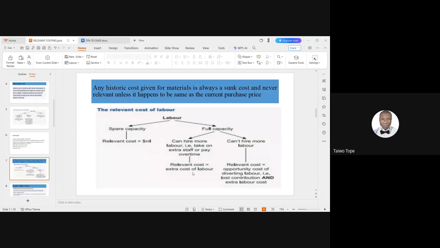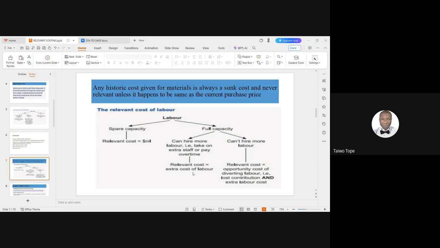So in terms of labor cost, the relevant cost is: if new workers must be hired and paid wages for a project, that wage cost is a relevant cost, since new workers are being hired. If labor is already employed but idle, you have workers, they are just there, the relevant cost is what?